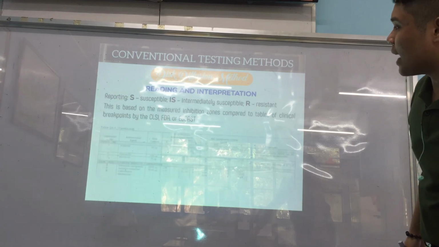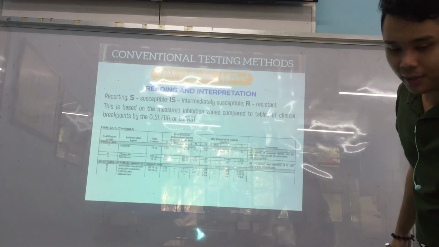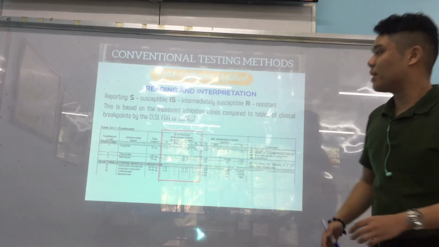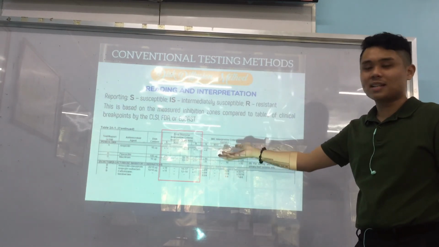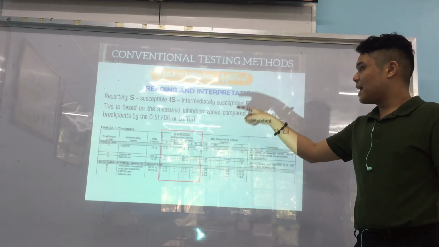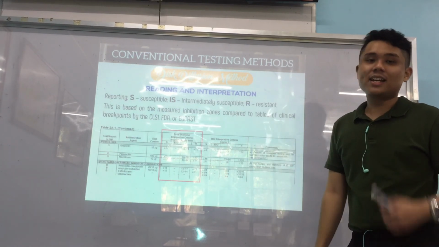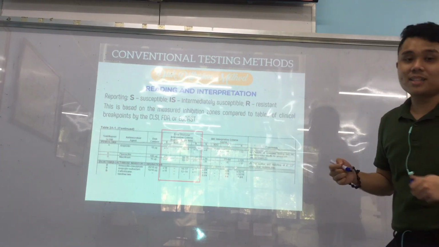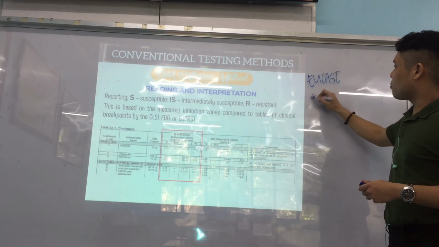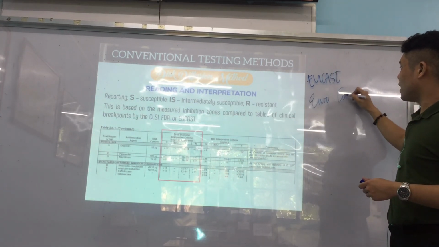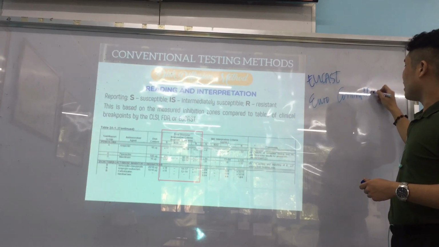Okay. And for reporting, what we do is, again, we measure. And we base it on the breakpoints or tables provided by CLSI and EUCAST. Okay? CLSI is the Clinical and Laboratory Standards Institute, and EUCAST means the European Committee on AST.